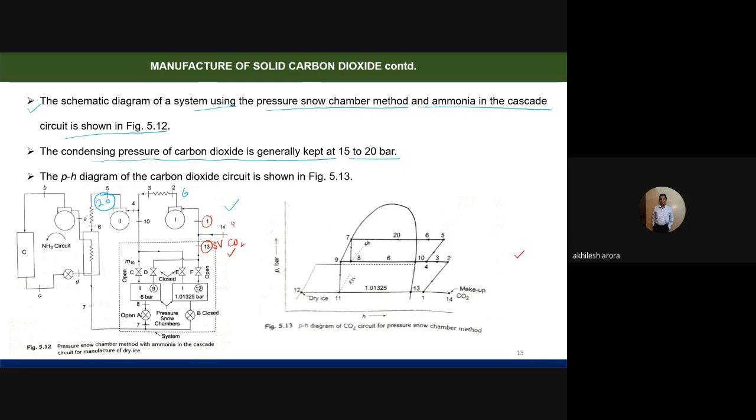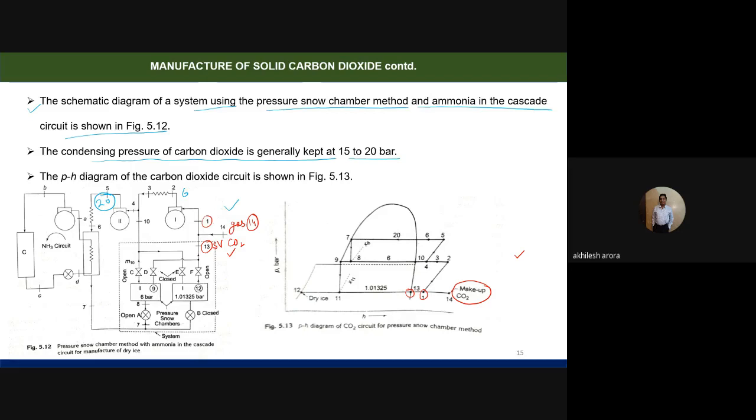And here we have the CO2 gas at point number 14. You can see here, this is the makeup CO2, and at point number 13, it is the saturated vapor of CO2. When these will mix, we will get state point number 1, and this state point number 1 is this superheated CO2 vapor.